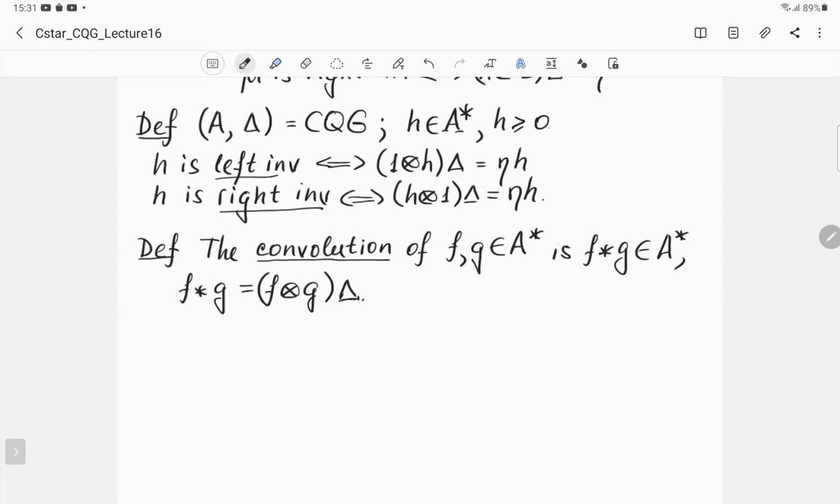By the way, let's come back to the classical situation for a moment. An important special case is the convolution of measures.